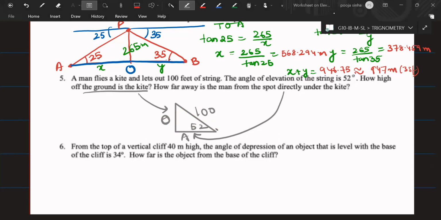Miss, can I just do this? Are you all doing it? So I have to find out opposite and adjacent, right? We have to find opposite and adjacent both.